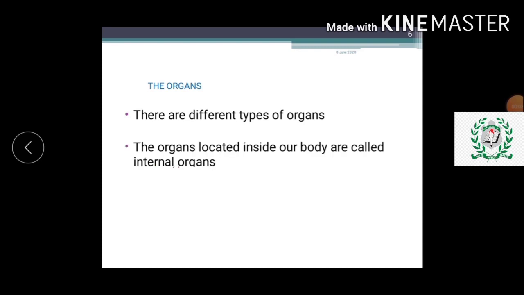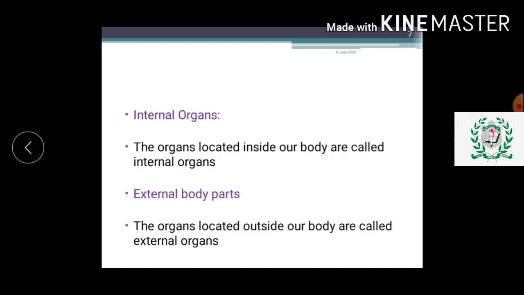Internal organs are located inside our body, which we cannot see. They are known as internal organs or internal body parts. External body parts are present outside your body and are visible to you.